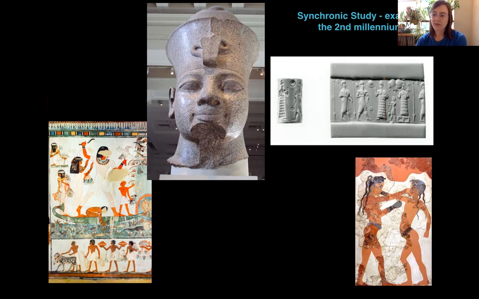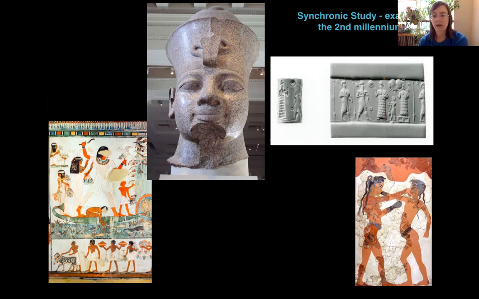So my example for our synchronic study, and what we'll talk about a little bit in class, I have a couple of Egyptian works that I'm showing you. And then also Mesopotamian, and then early Greek, and these are all from the 2nd millennium BCE, which is a huge amount of time, of course. But when we talk about ancient cultures, we often deal with these big stretches of time.